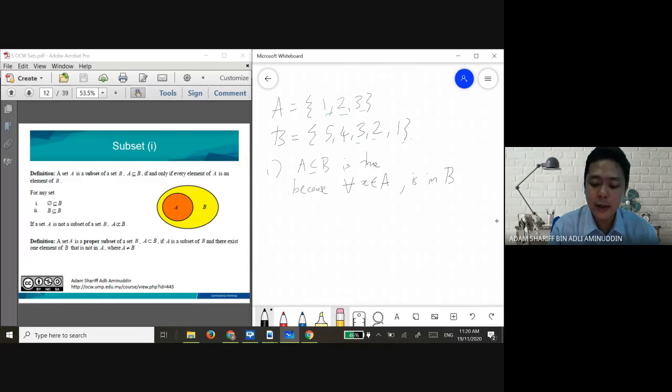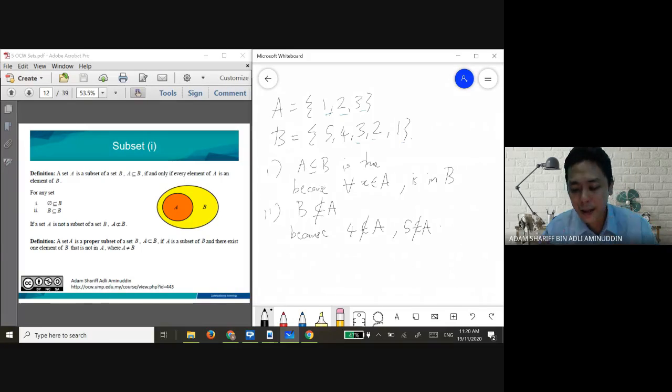The other way around, B is not a subset of A, because 4 is not an element of A. You can also say 5 is not an element of A. If B is a subset of A, all elements of B must be in A, but in this example that is not the case.